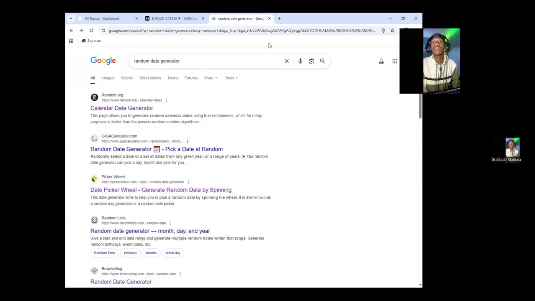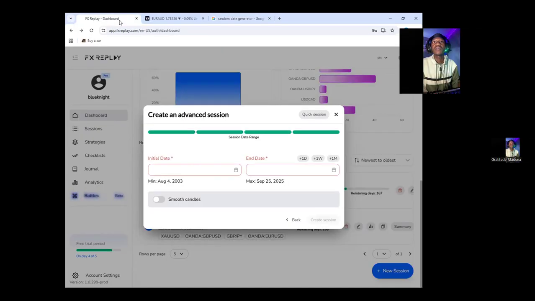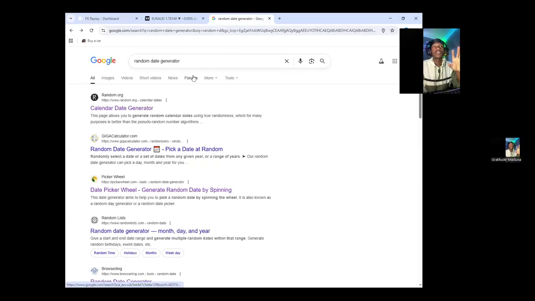Not sure if my screen is sharing this part, or is it just sharing FX Replay? Let me stop the share and then share again, this time the full screen.